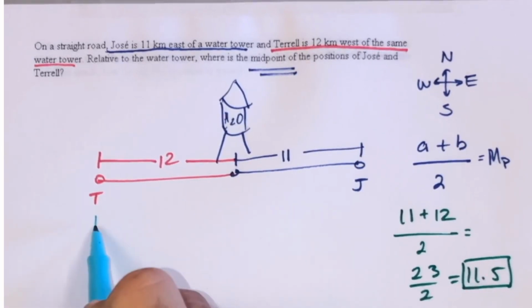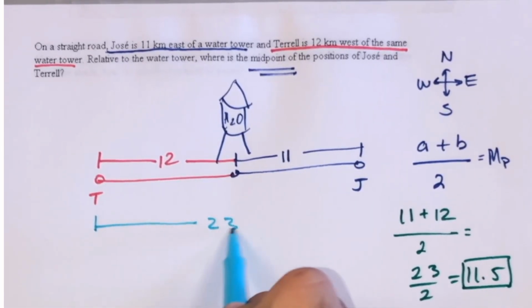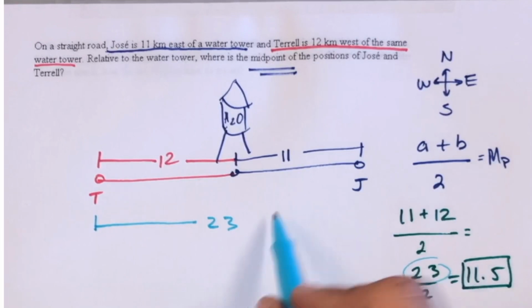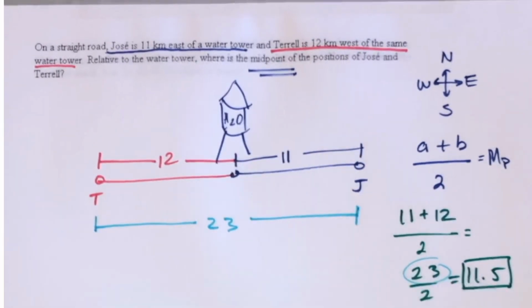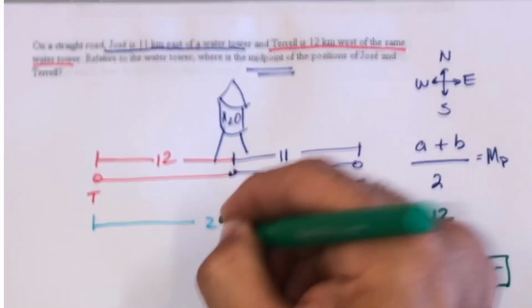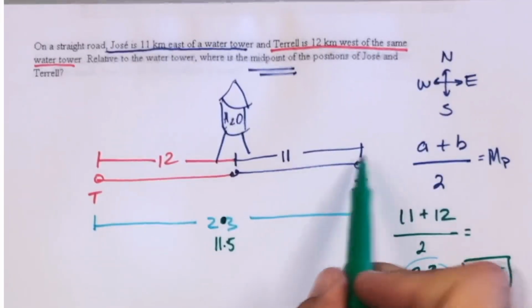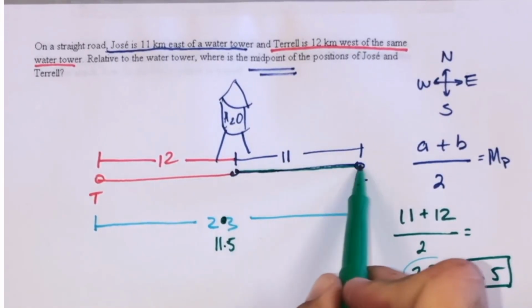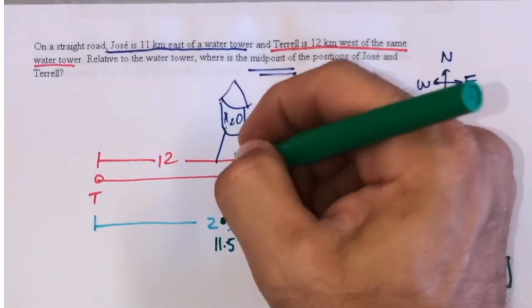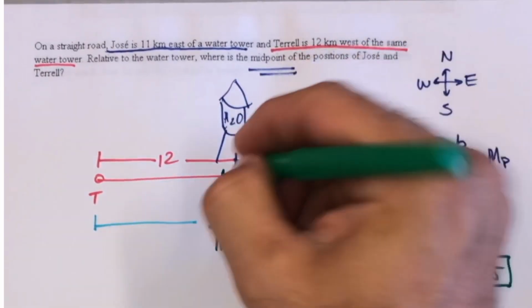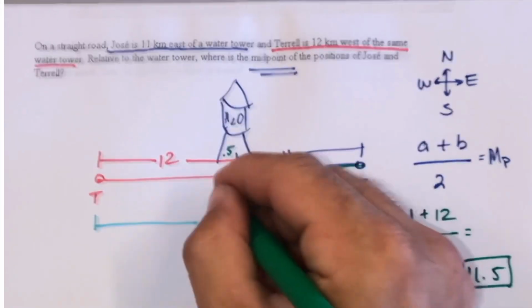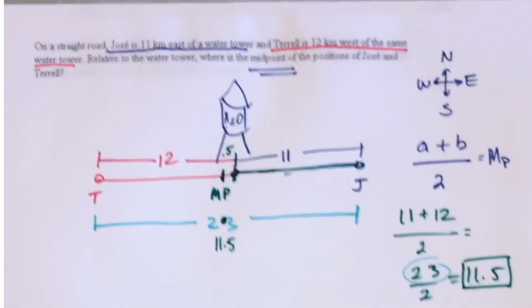Here, recognize that because we've added it, this whole segment is 23. And if the midpoint is at 11.5 and this here is 11, well, I need to go another 0.5 from this point to here to get to my midpoint.